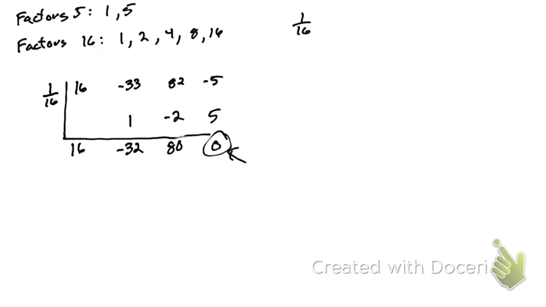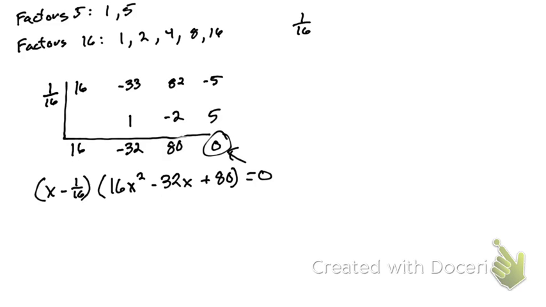That is a factor, and so we would have x minus 1 over 16 times 16x squared minus 32x plus 80. I would set that equal to 0, where one of my zeros would be x equals 1 over 16. The other 0 comes from this 16x squared minus 32x plus 80 equals 0.